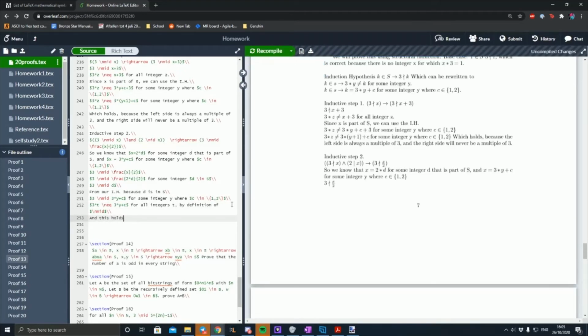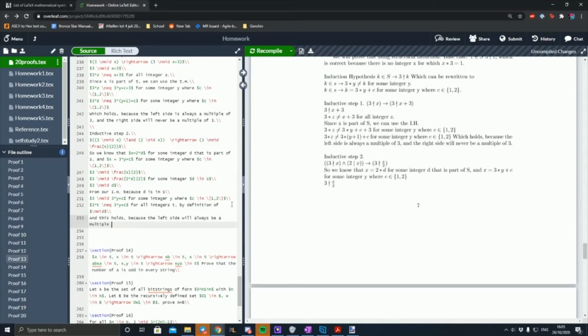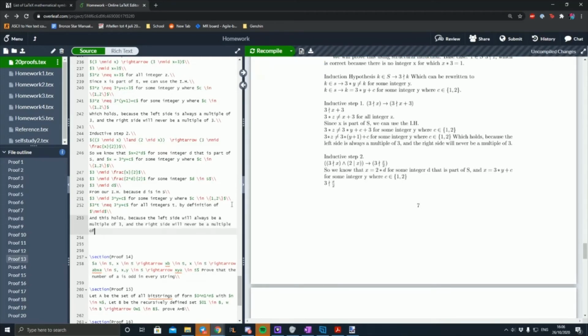And this holds because the left side will always be a multiple of 3 and the right side will never be a multiple of 3.